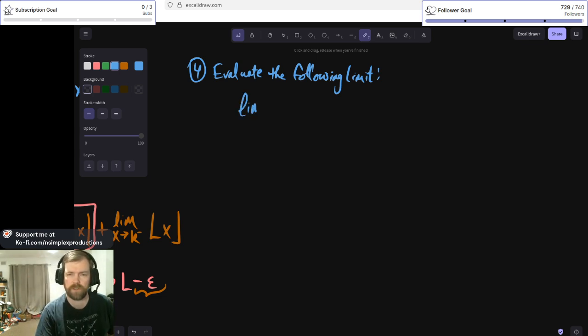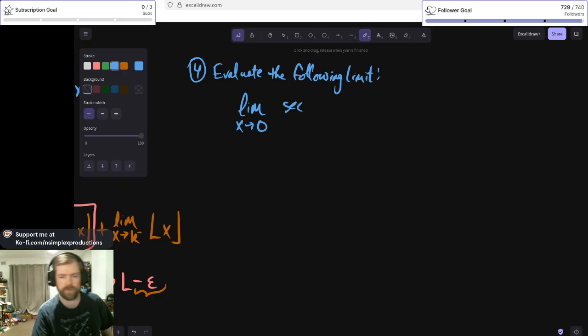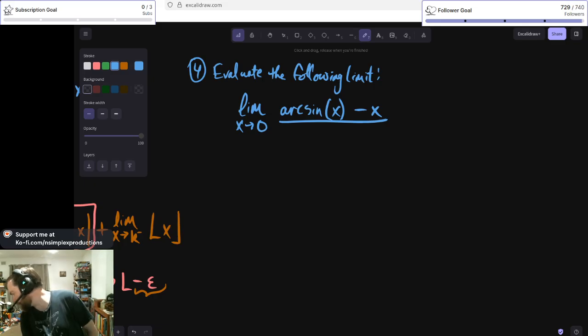Limit as x goes to 0 of arc sine of x minus x, all over x cubed.